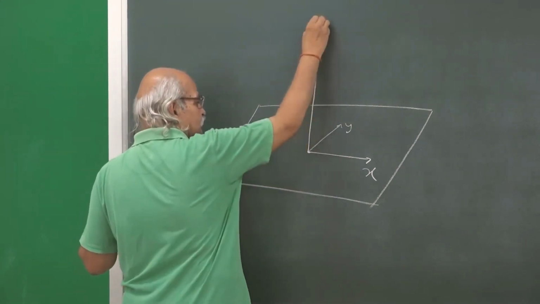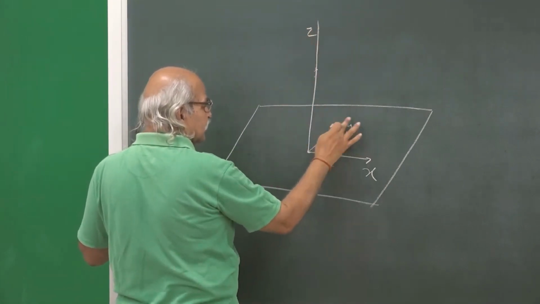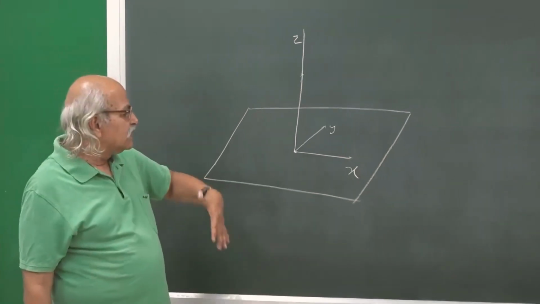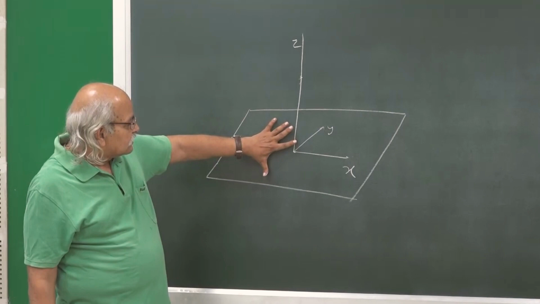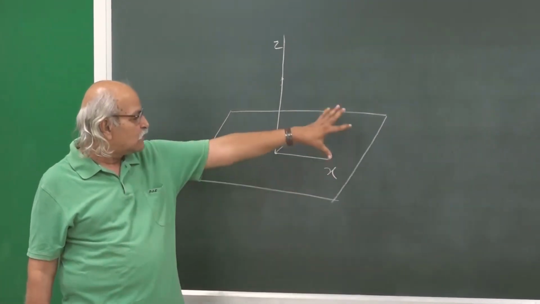I am making varieties of shapes for the x, y, z axes, and that is because we are dealing with varieties of situations. Here this is an xy plane that I am drawing, this parallelogram looking thing.